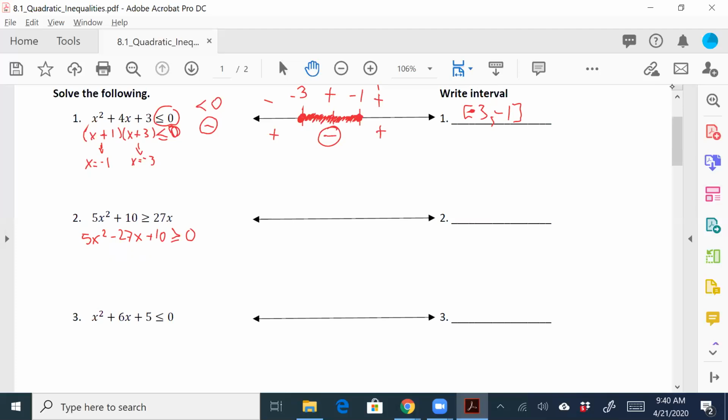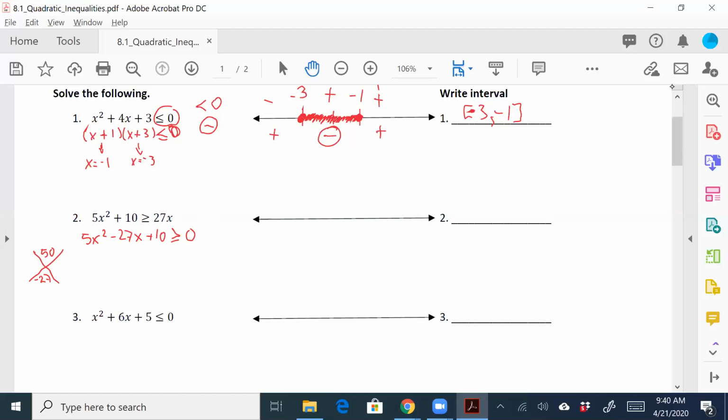We need to remember that when you have as your leading coefficient something other than 1, like 5 in this case, we take 5 times 10, which is 50, and we put that over -27. And then we say, what two numbers multiply to give you 50 that would combine to be negative 27?